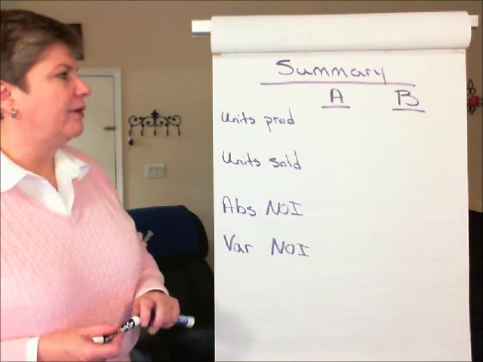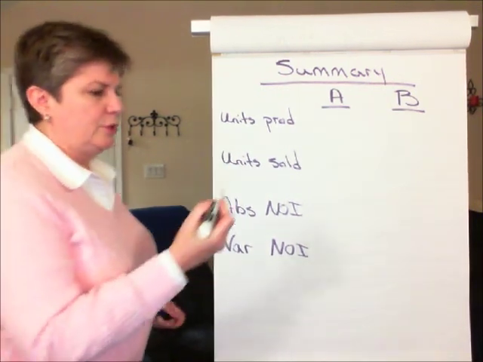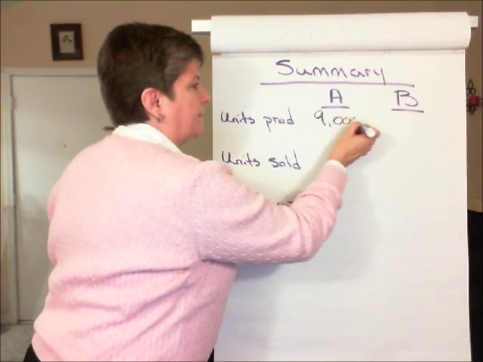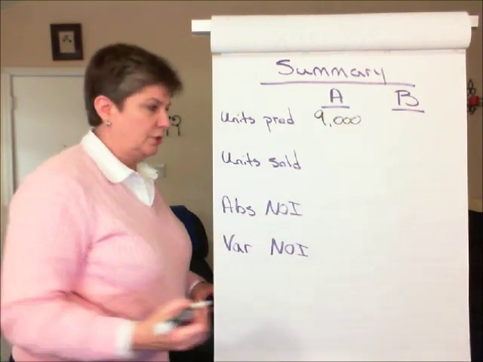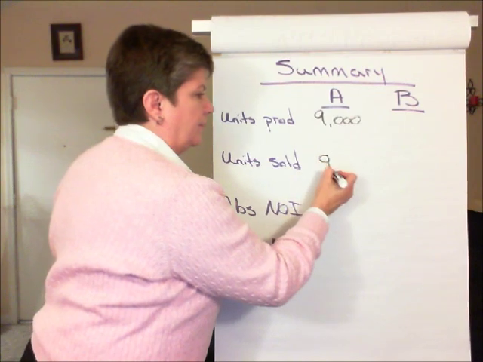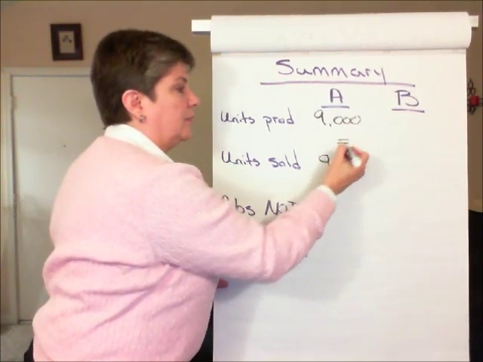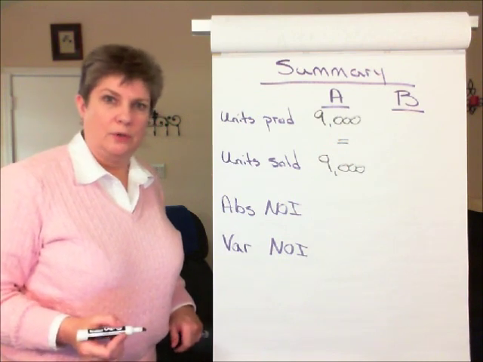First of all, in scenario A, we produced 9,000 units and we also sold 9,000 units. So the number of units produced equaled the number of units sold.